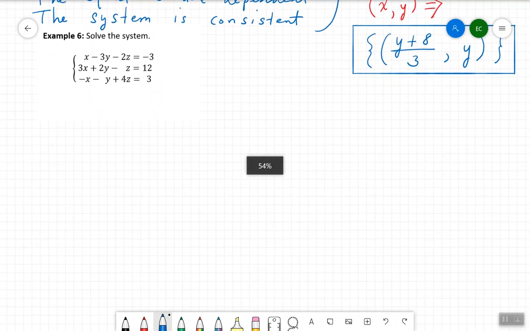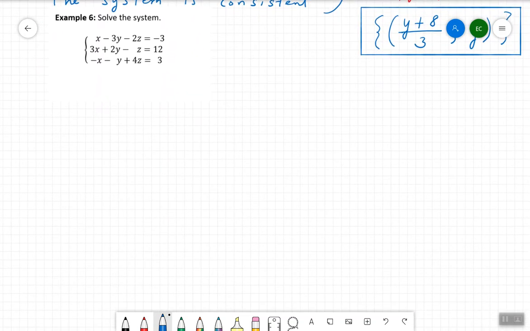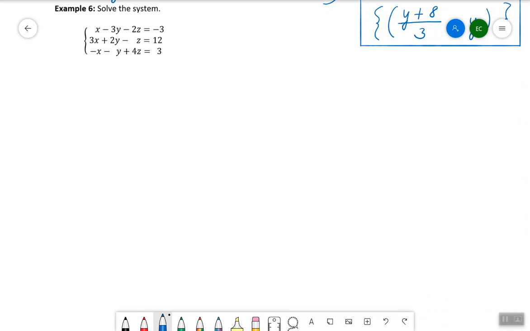Example 6 is a 3 by 3 system. And so mostly we're using the elimination method like we learned before, but it's just a little bit more complicated with the extra equation and the extra variable.